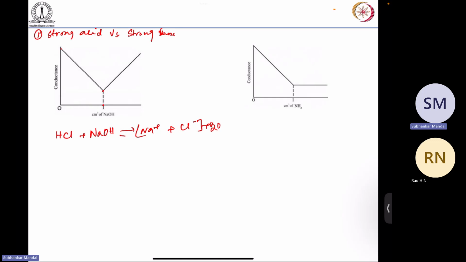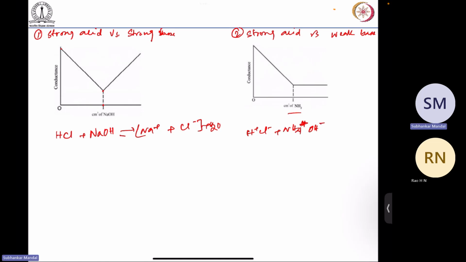This is the strong acid versus weak base titration curve. Here it is taking ammonium hydroxide. Suppose you have taken HCl plus ammonium hydroxide.